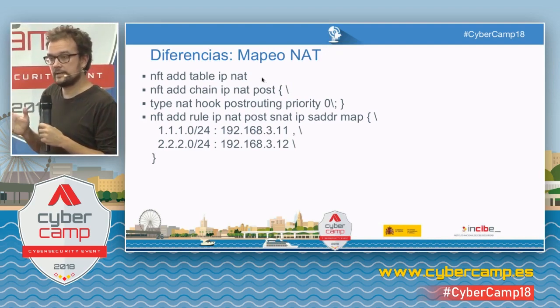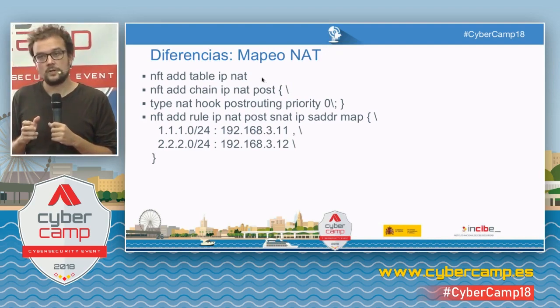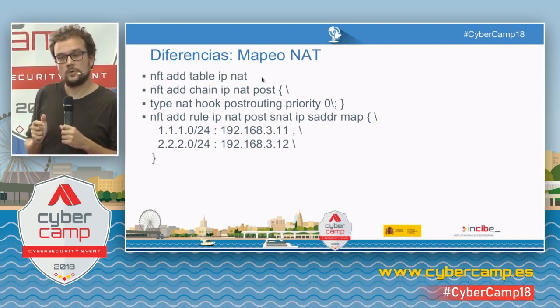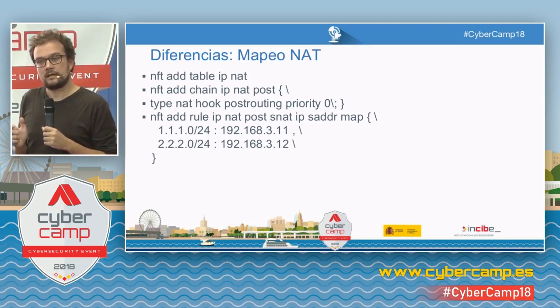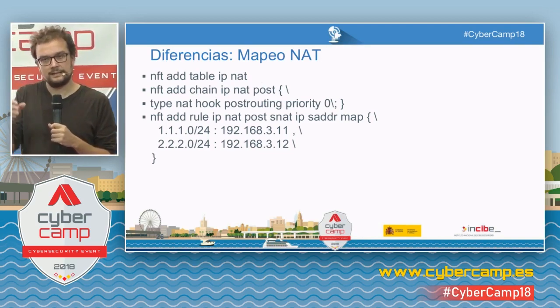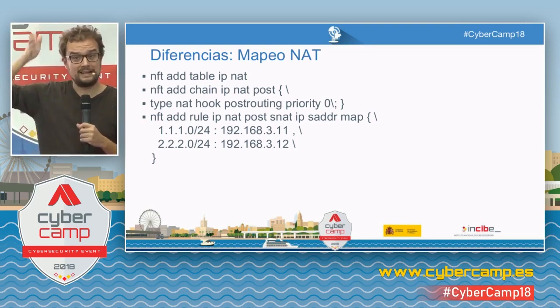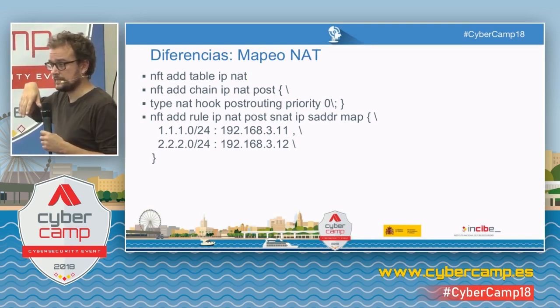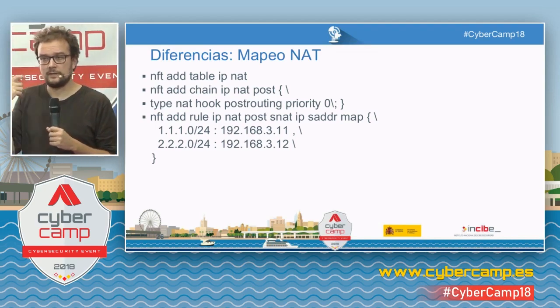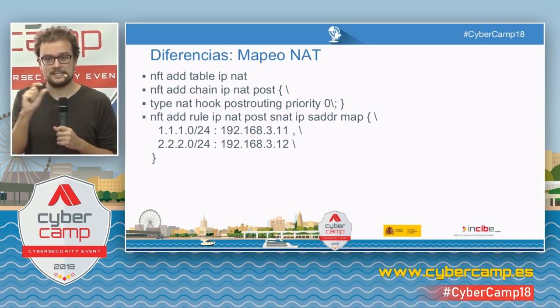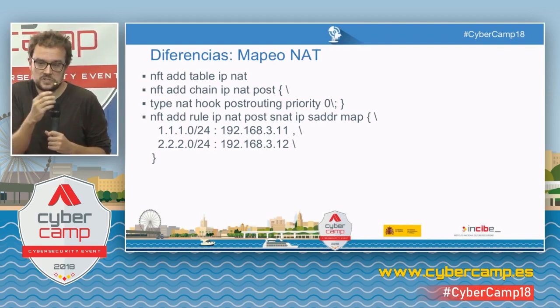Next one is a typical example. There are well-known scenarios where system administrators want to map different network segments or some masquerading on a public IP. On iptables, you need to define one rule per segment.